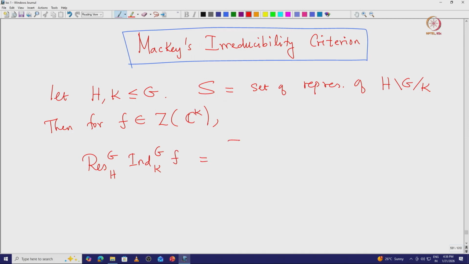This is going to be written very explicitly in terms of induction applied to the restriction.